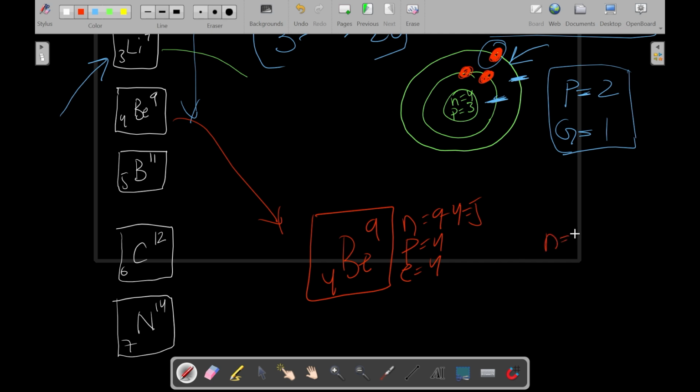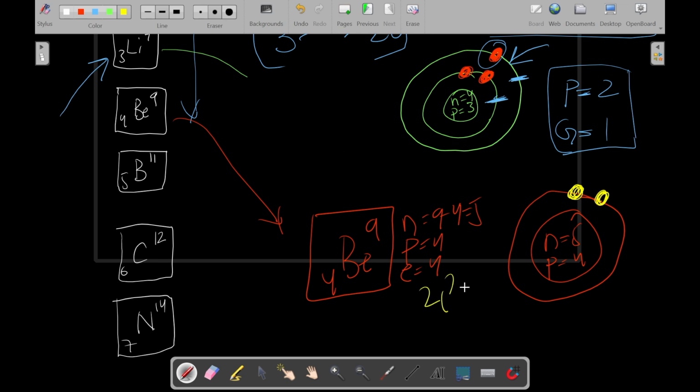So for the nucleus, we have 5 neutrons and 4 protons. This is our big nucleus. Then we have our orbits. Very quickly, we've got our electrons. So 2 electrons get accommodated in the duplet, and the leftover 2 electrons will get accommodated in our octet. This is how we are accommodating all of our electrons.